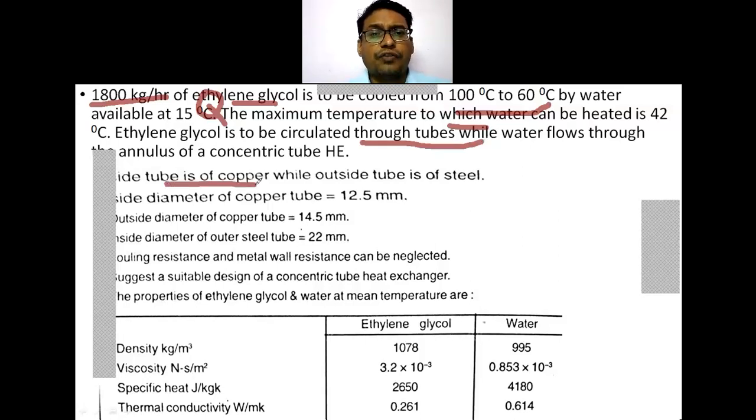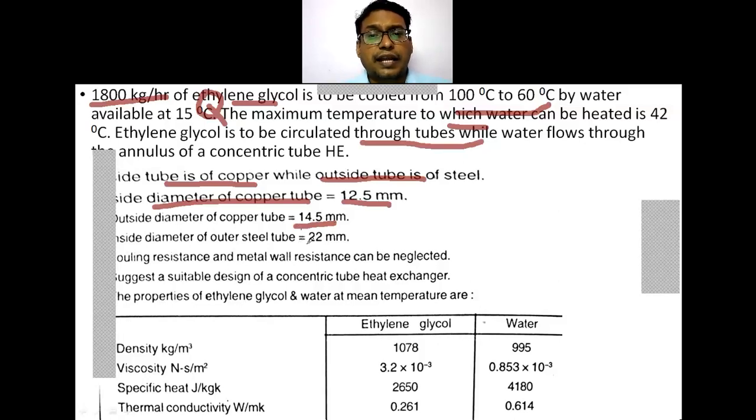This is mentioned in this case, while the water flows through the annulus of the concentric tube heat exchanger. The tube is a copper tube, while the outside tube is steel. The inside diameter of the copper tube is 12.5 millimeter. The outside diameter of the copper tube is 14.5 millimeter. So the thickness is 1 millimeter.